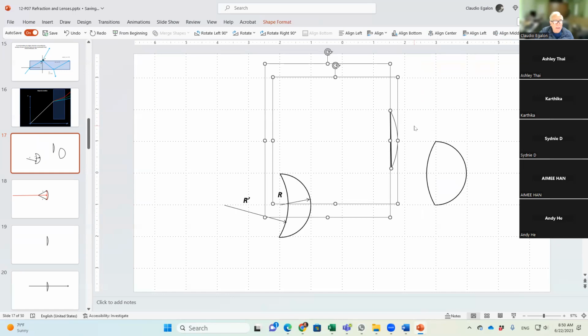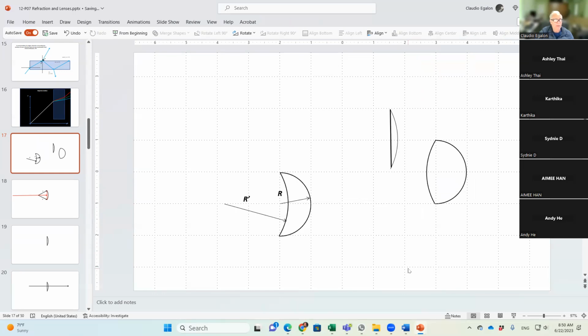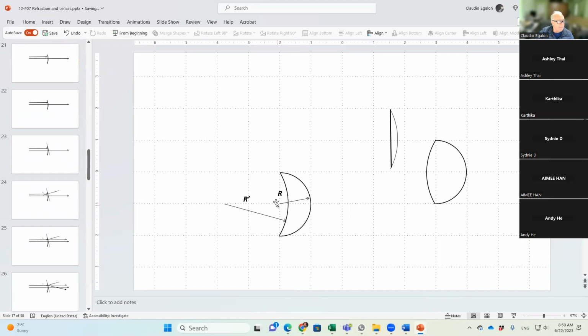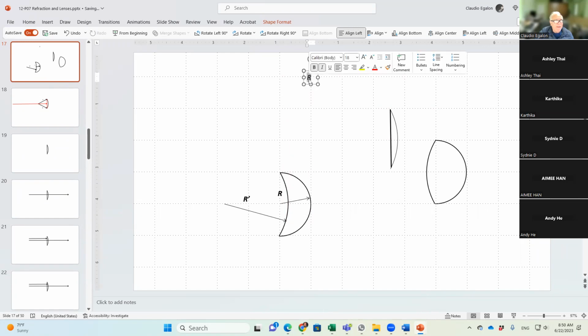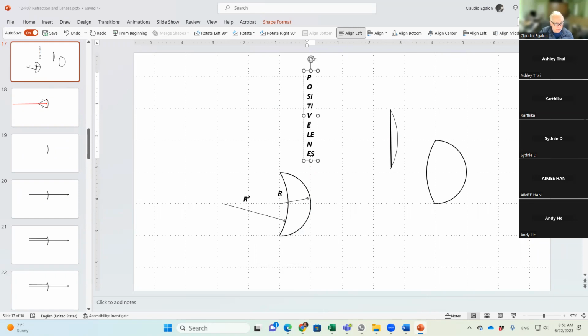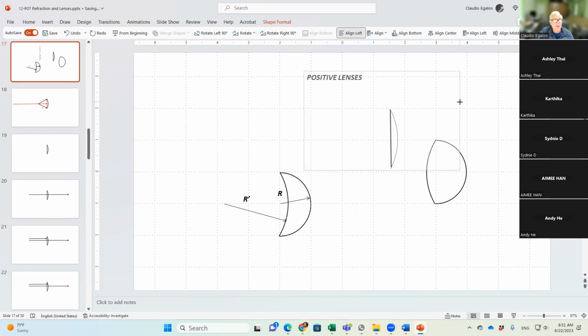Send to back. Yeah, now we got it. Okay, so they are all positive lenses. Positive lenses converge light.